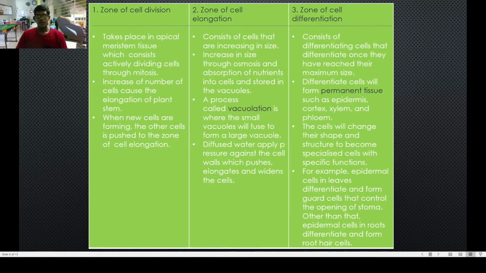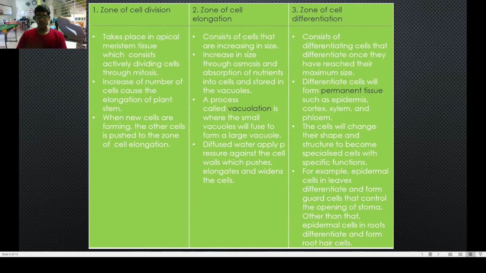Okay, the second is the zone of cell elongation. The first is that it consists of cells that are increasing in size. Second, they increase in size through absorption of nutrients into cells, which are stored in the vacuoles.